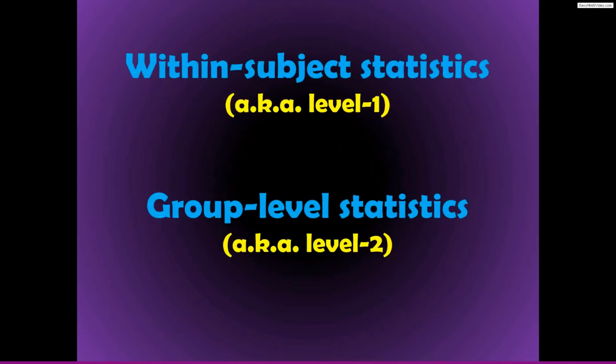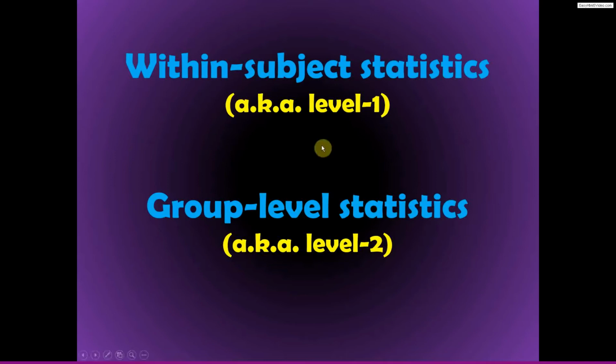There's another important concept in statistics, which is different levels of statistics. Typically in most psychology and cognitive neuroscience experiments, we have two levels of statistics. Level 1 is often called within subject statistics, and level 2 is often called group level statistics. The level here refers to how close you are to the raw data that are collected, and what the unit of analysis is.